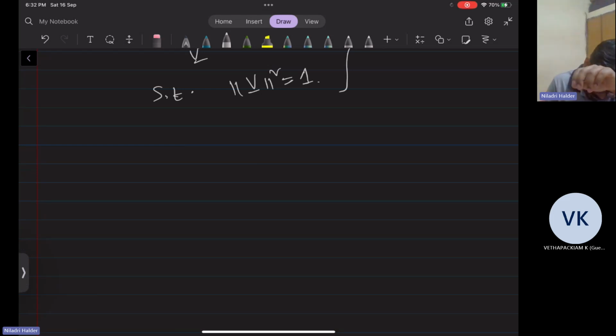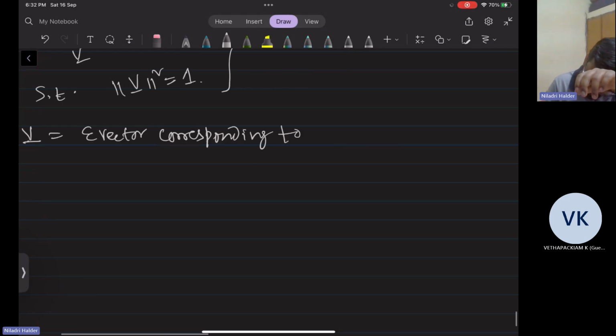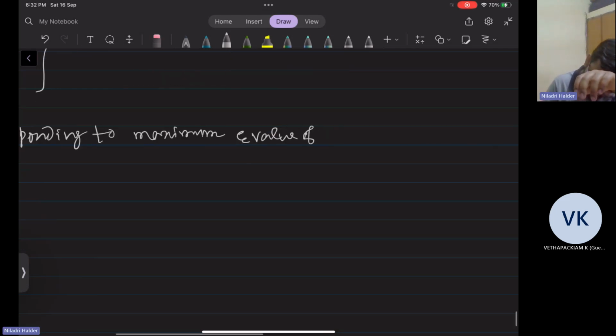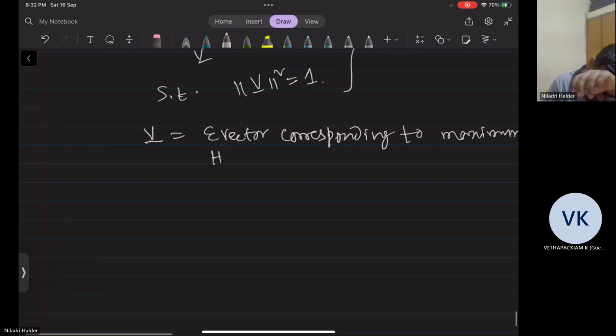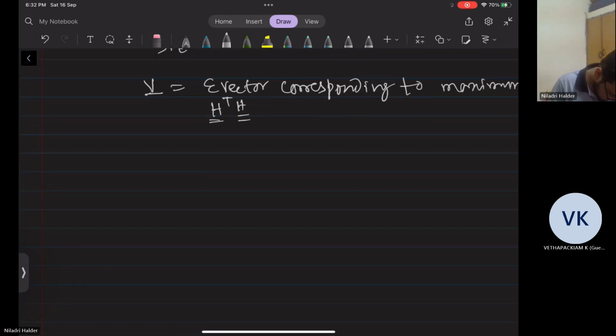Professor has already done it. So ultimately we are getting that v is equal to the eigenvector corresponding to the maximum eigenvalue of H Hermitian H, that is H transpose H. Okay, that is the thing.